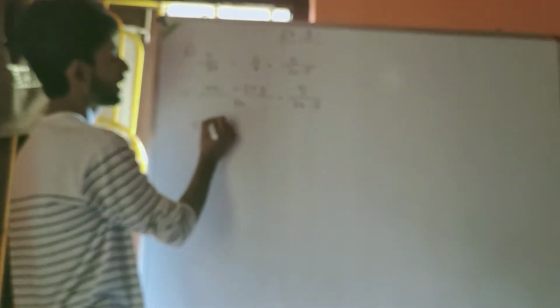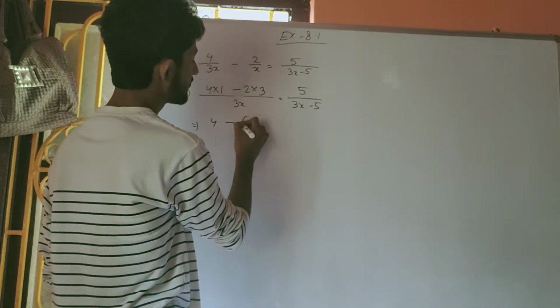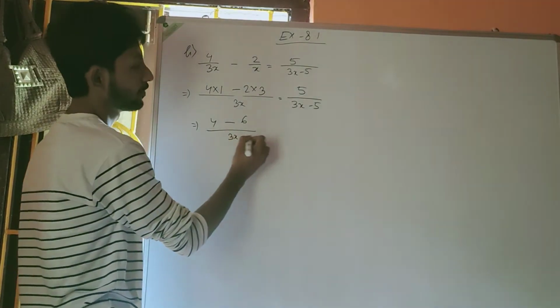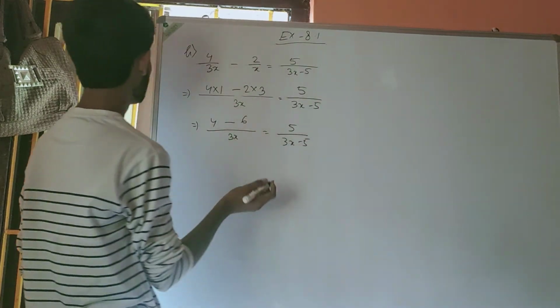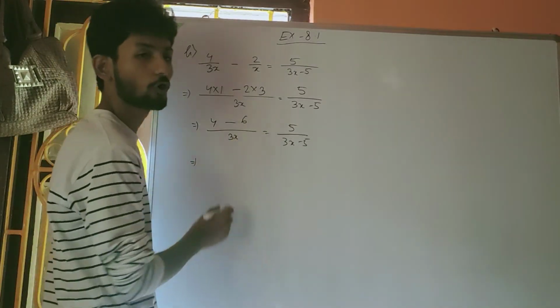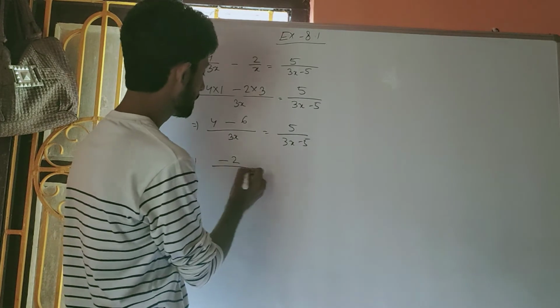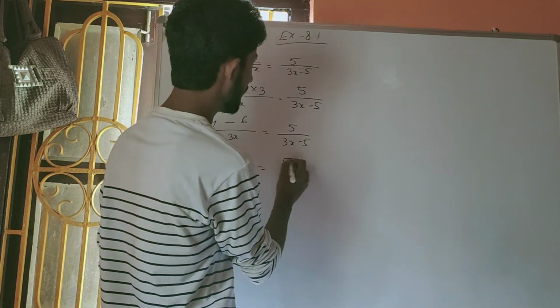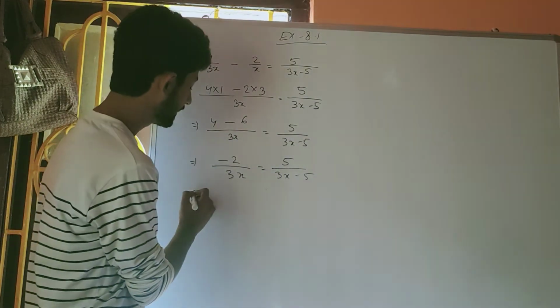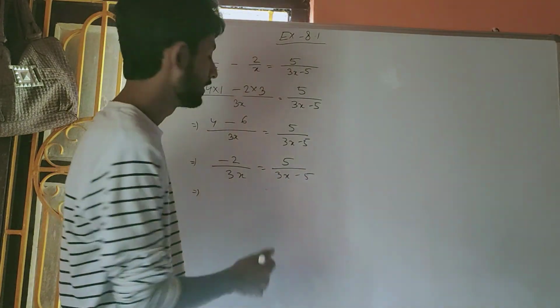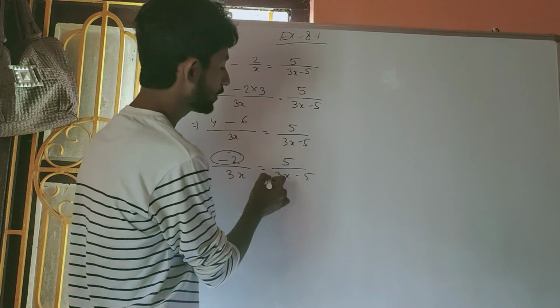Now 4 into 1 is 4 minus 3 into 2 is 6 by 3x, which is equal to 5 by 3x minus 5. That means 4 minus 6 is minus 2 by 3x, which is equal to 5 by 3x minus 5. Is that clear? So in that case, we have to just cross multiply. This portion will be multiplied with this portion.